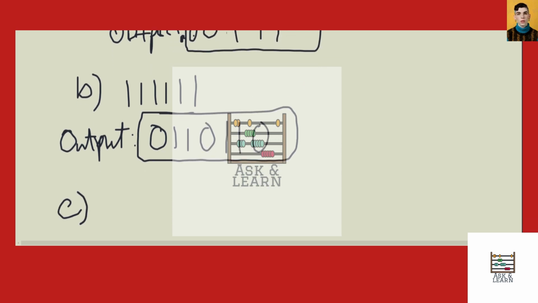Finally, in part C, we're given the input string 1, 1, 0, 1, 1, 1, 0, 1, 1, 1. And we start at S0, so it follows that the first digit of the output is the output of S0, which is 0.